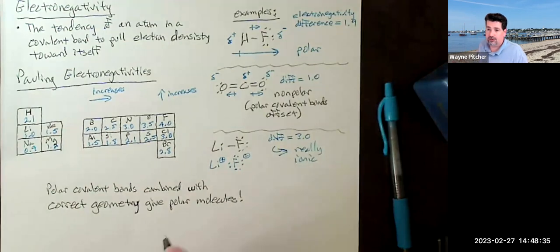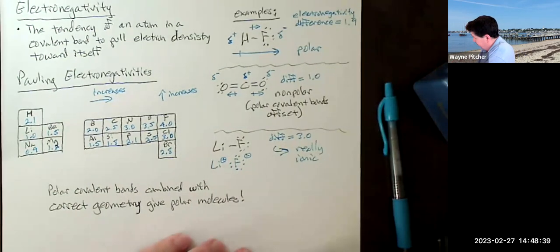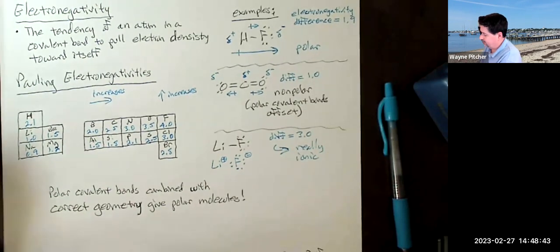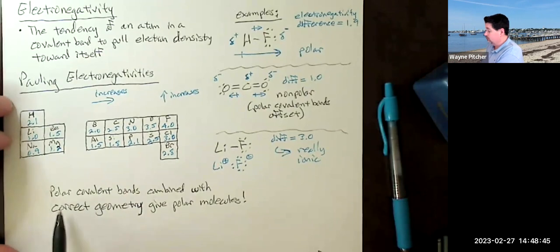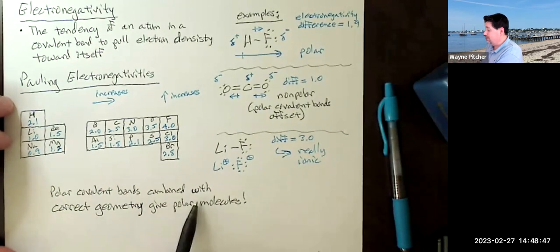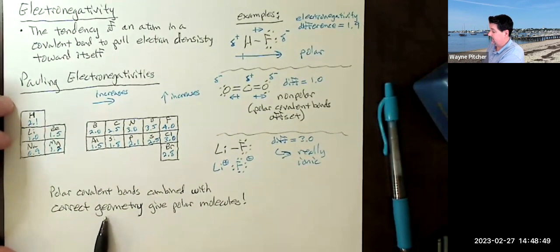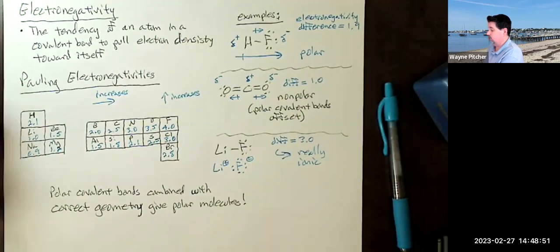And we'll look at more examples of this later. So again, just to reiterate, polar covalent bonds combined with the correct geometry of our molecule give rise to polar molecules.